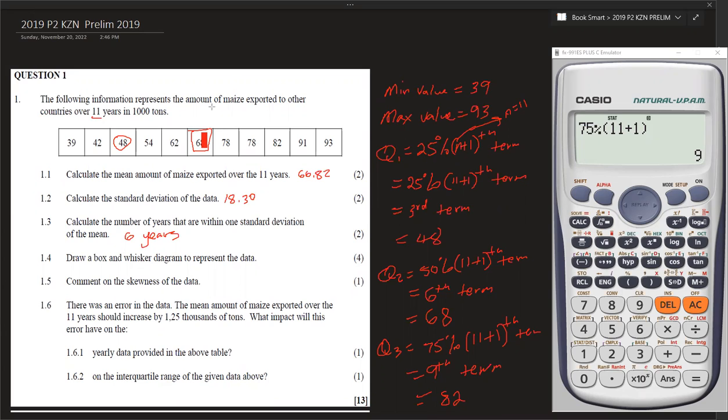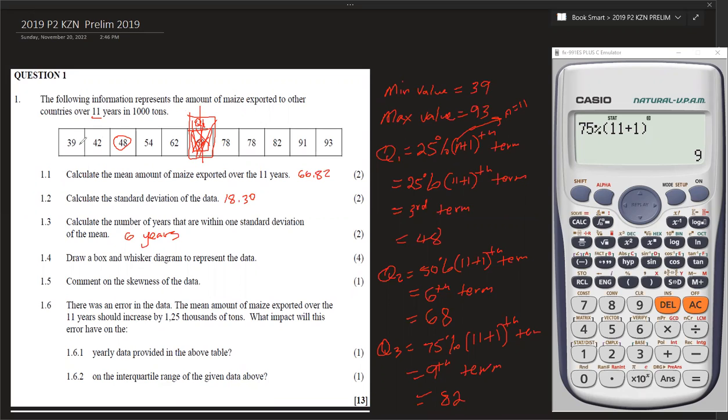So this one is my main center. After you get it, it's Q2. And then you cancel it, you take it out, basically. And then your Q1 will be the median of this part.